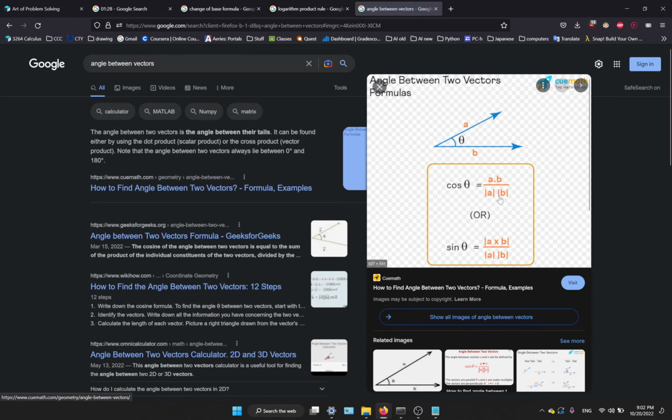Cos theta equals A dot B over, what does that mean? A dot B. Is that dot? Okay, there's scalar product over their magnitudes.